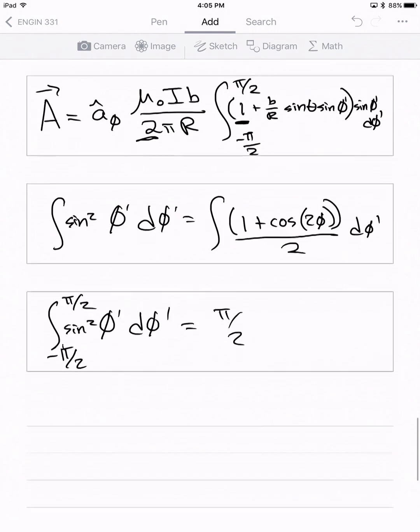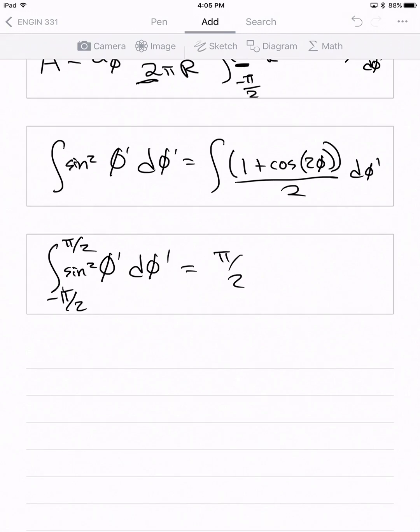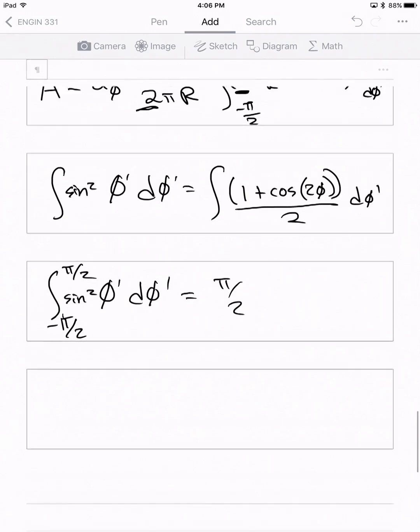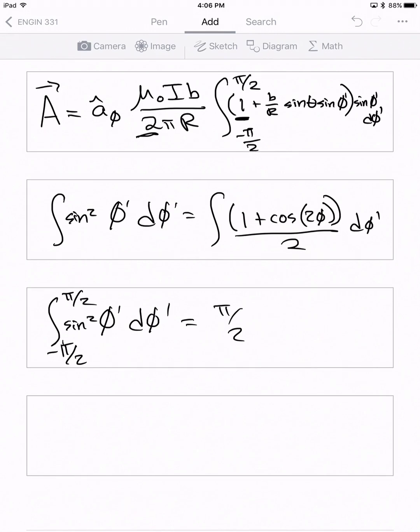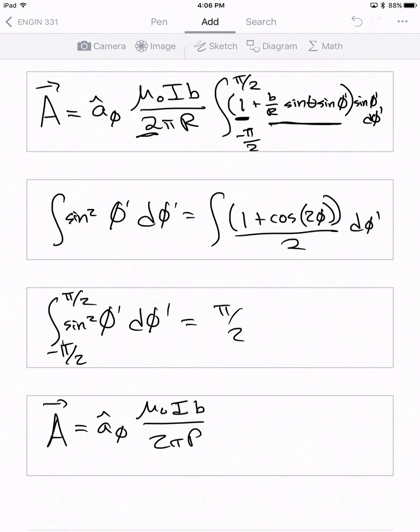All right. So if I substitute the result of that integral back into my expression for A, which was up here, so that goes in the second term, then what I get for A is just a hat phi mu naught I b over 2 pi r times b over r times pi over 2.